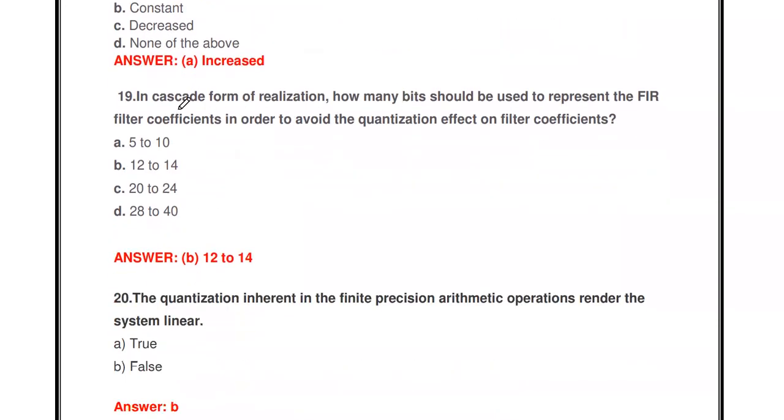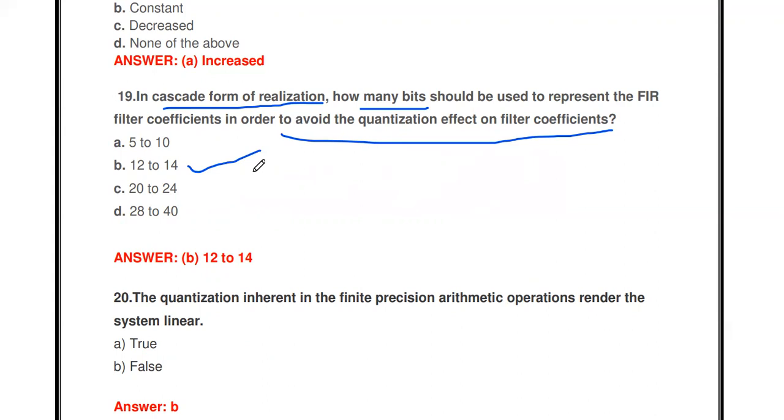The next thing, in cascade form realization, how many bits should be used to represent FIR filter coefficients in order to avoid the quantization effect on filter coefficients? We have to use 12 to 14 bits.